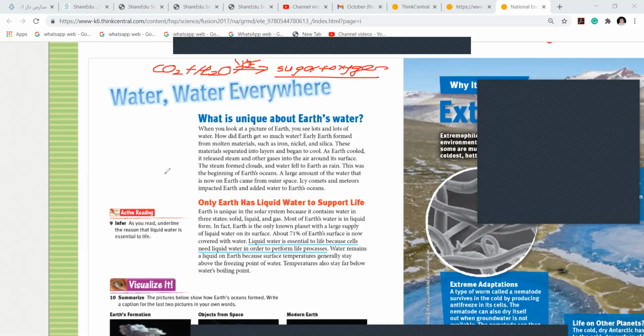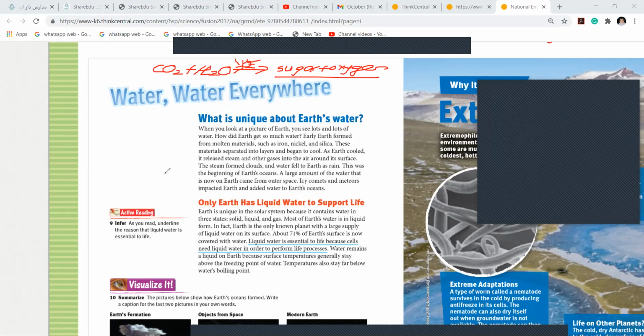Anyways, what is unique about Earth's water? When you look at the picture of Earth, you know that 71% is actually all water. Earth is usually formed from iron, nickel, and silica. Girls, did you ever study about the inner core, outer core? I think in grade 5, the inner core, the outer core, the crust, the layers of Earth.